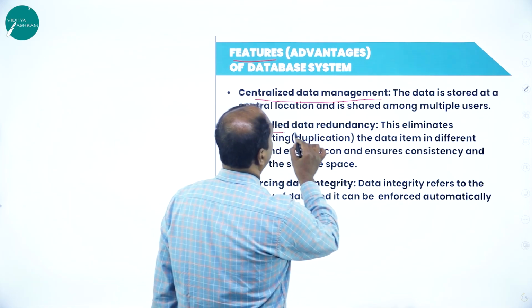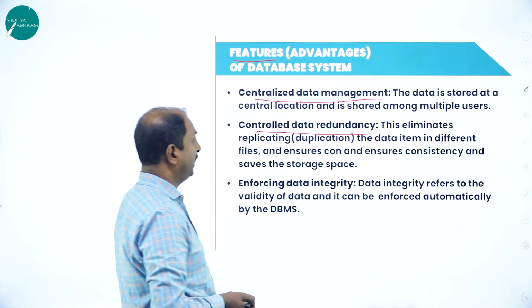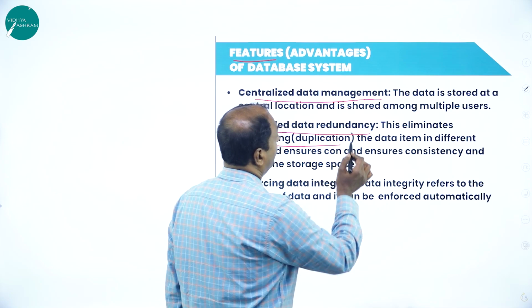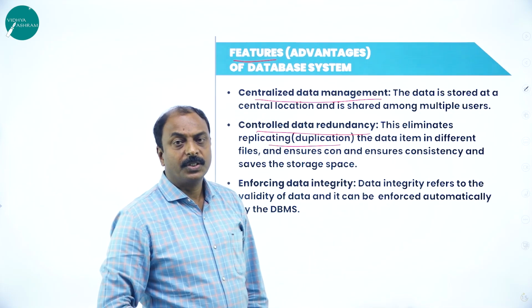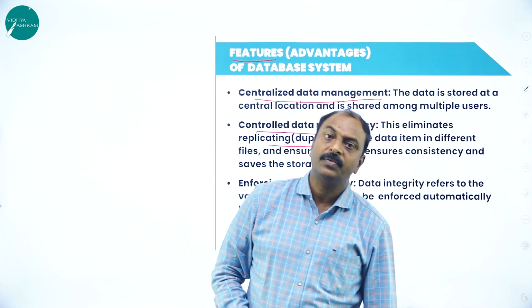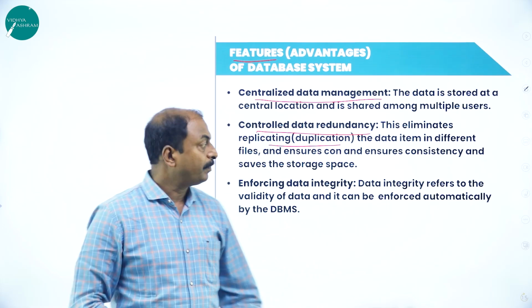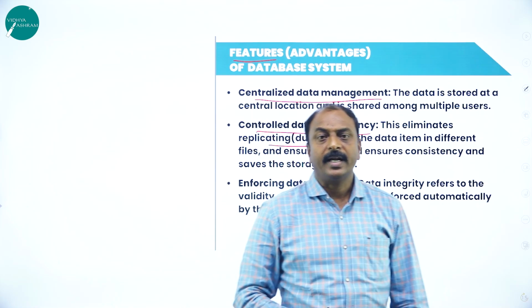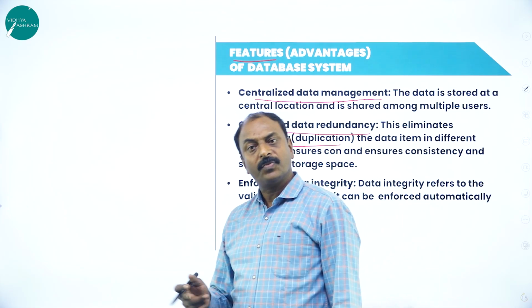The second one is controlled data redundancy. What is the meaning of redundancy? It is duplication, and controlling it avoids duplication of data. For example, in a supermarket all the items are unique and cannot be repeated a number of times.